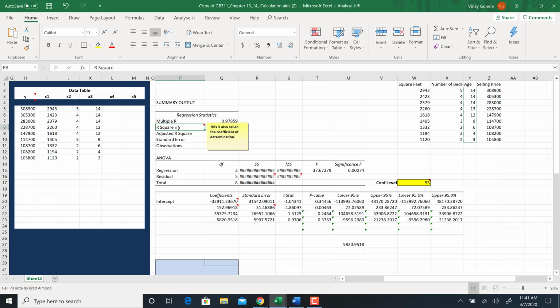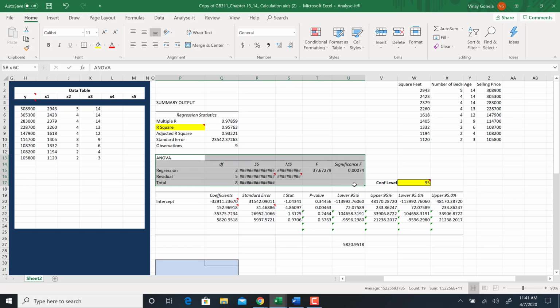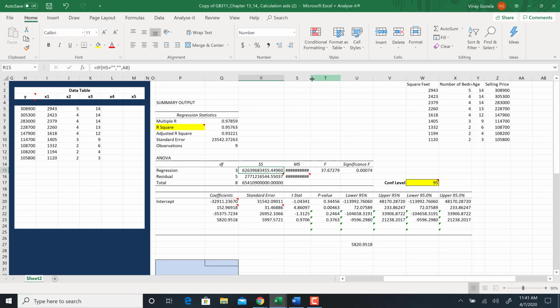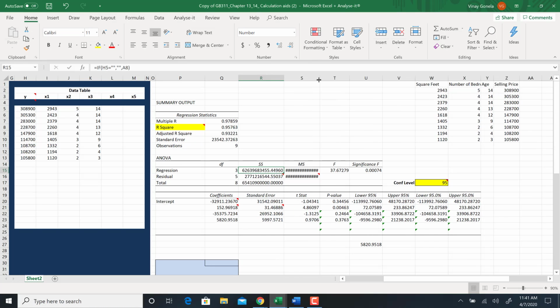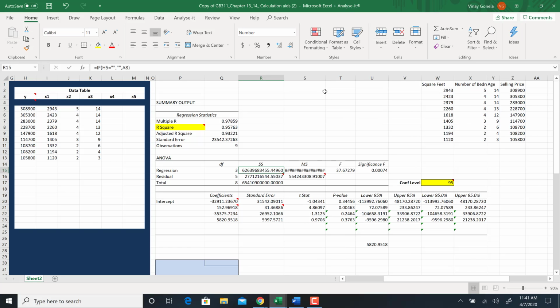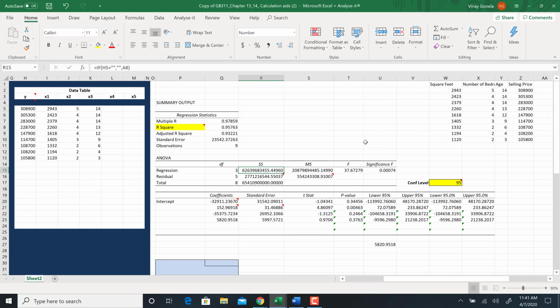In this we are only interested in the r squared value, which is the coefficient of determination. And then we have an ANOVA table here. If you don't see any values like this, you just need to increase the width of your column. And then this is the regression table.